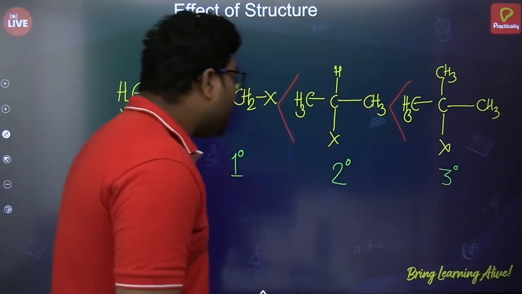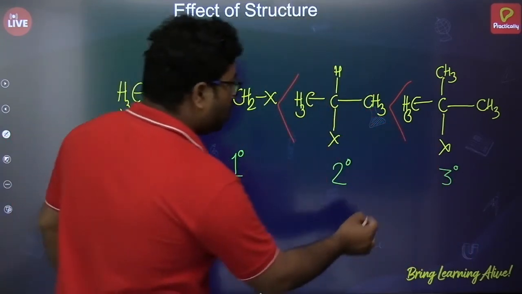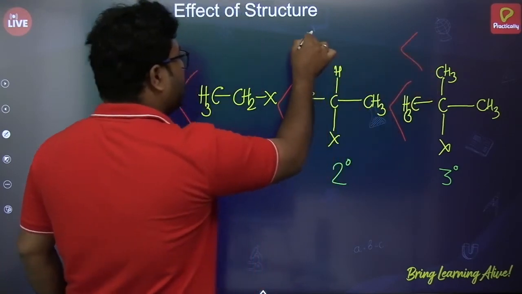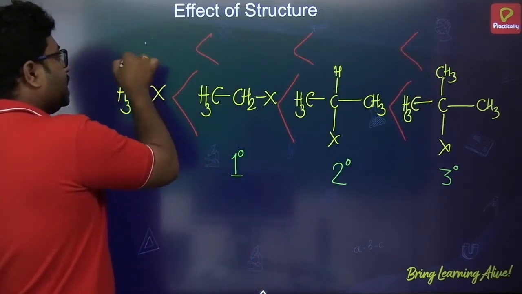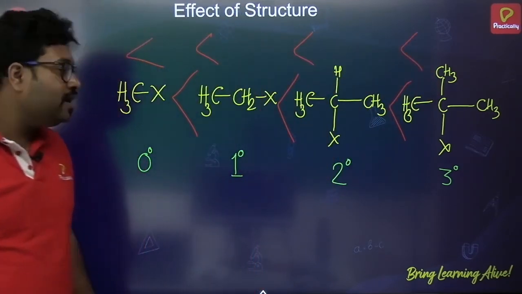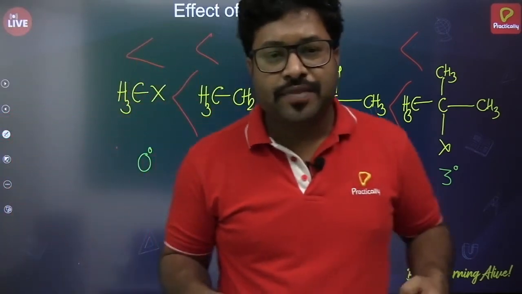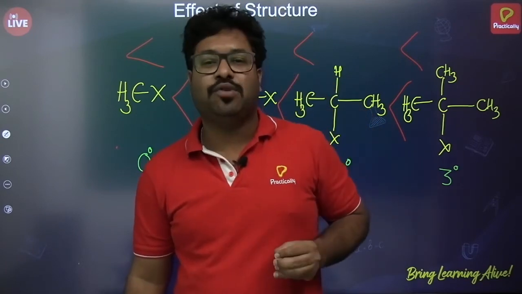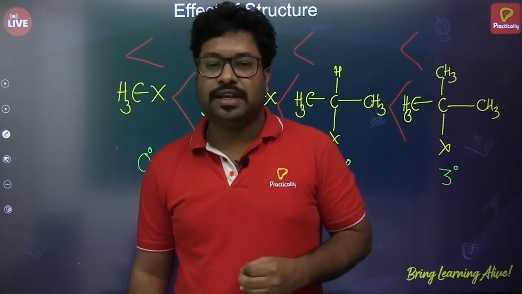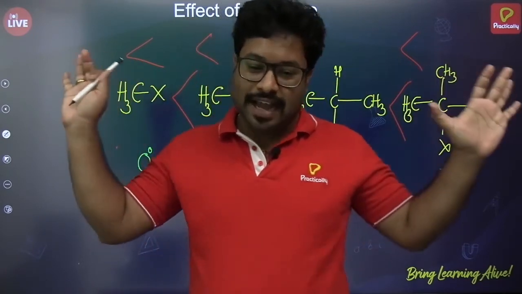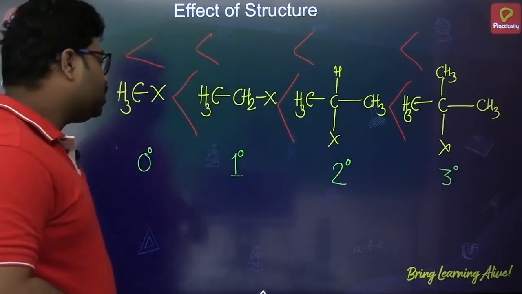That is why the order of reactivity also is in this order. That is the fastest to react by SN1. This is the slowest to react by SN1. Or if you summarize it, any substrate which gives you the most stable carbocation would also give you the SN1 reaction fastest. It is that simple.